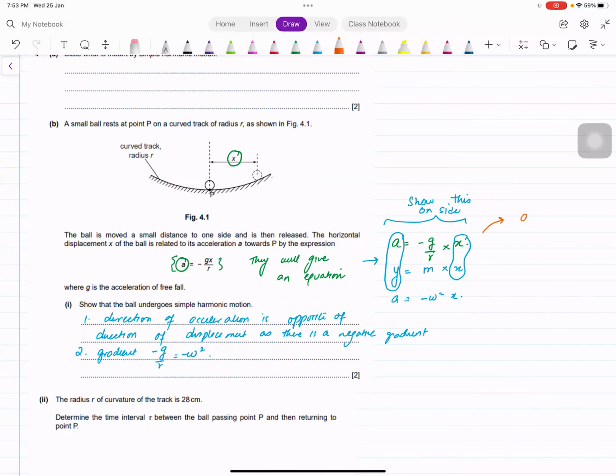They may give you a equals g over r times x, with no negative sign. Or they could just give you a equals minus g upon r x plus y, let's suppose. So that would not be this, with a y-intercept. That is the only way.